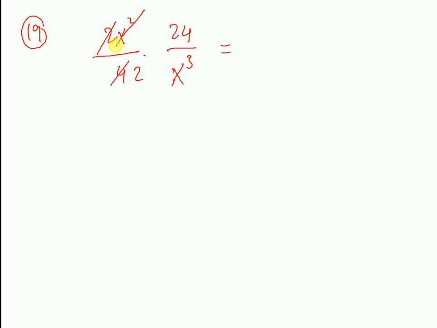For x squared, you can divide the top by x squared, so this x cubed, you divide by x squared, you got only 1 x left. So now on the top I have 24, on the bottom I have 2 times x. 24 divided by 2 gives me 12 on the top, and x. So this answer should be D.